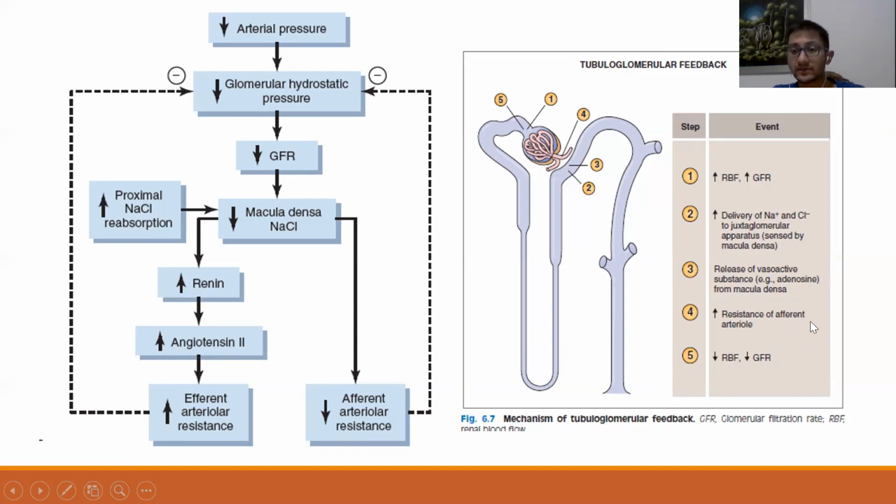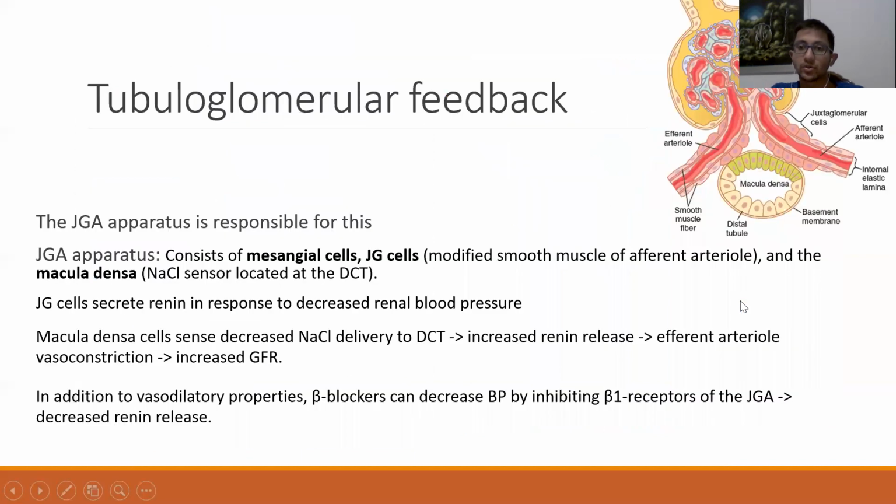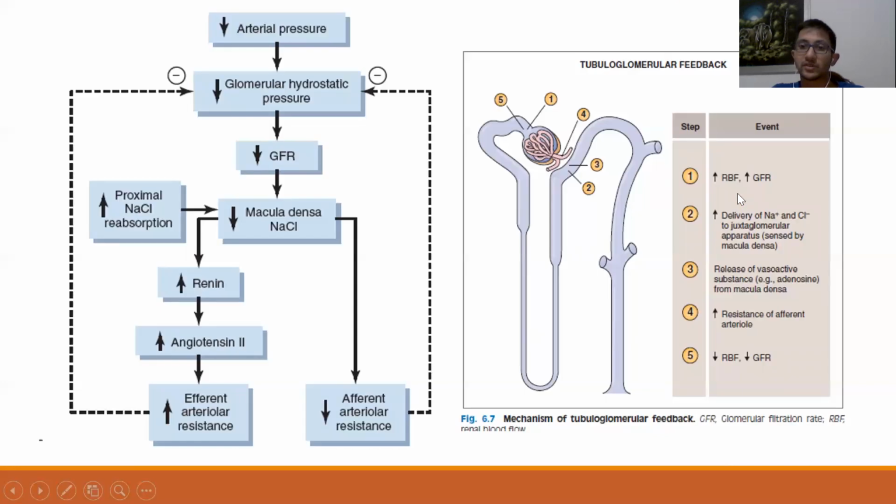Afferent arrives the first arteriole. If this starts to constrict, as blood is entering, it slows down. And because of that, lesser blood enters over here, or at a slower rate. And because of that, the glomerular filtration rate is decreased because at the start it was increased.